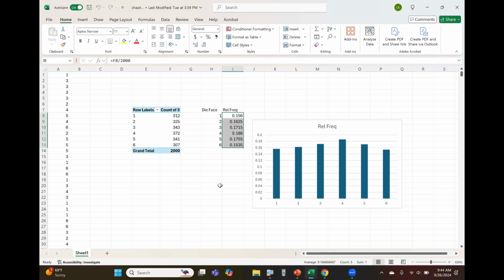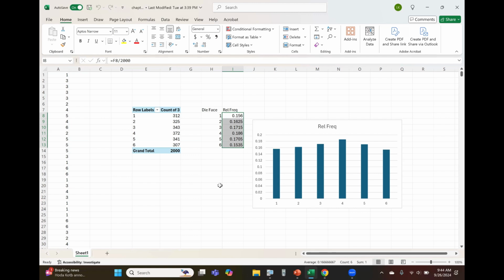So the relative frequency can be equated to a probability. And that makes sense, correct? Because simple probability is the number of outcomes you get that favor the event divided by the total number of outcomes. Since I did this 2,000 times, and the number of outcomes that favored a 1 were 312, I take the 312 and divide it by 2,000. And I did that for all of them.